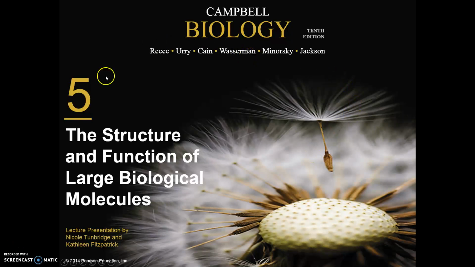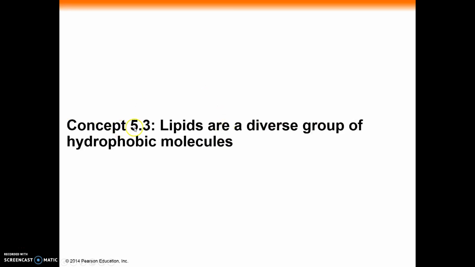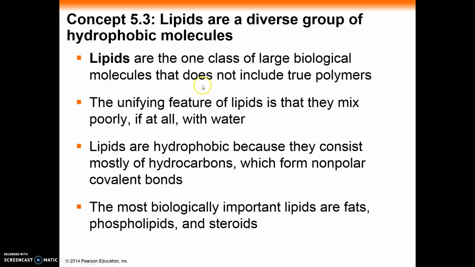All right, we're going to continue our exploration of Chapter 5 of Campbell's Biology, this time moving into the class of macromolecules called lipids. So concept 5.3, lipids are a diverse group of hydrophobic molecules. Lipids themselves are the one class of these macromolecules that are not true polymers.